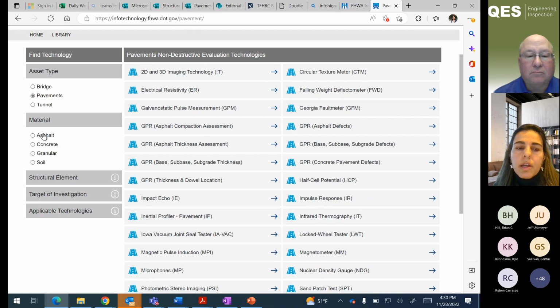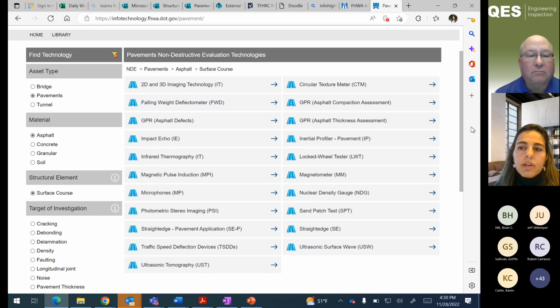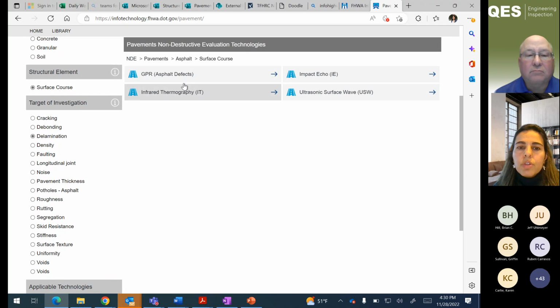Then the user can narrow down the search by selecting the type of material, for example, asphalt, and the target of investigation. For example, if we select delamination, these are the technologies: GPR, impact echo, infrared, and surface wave.